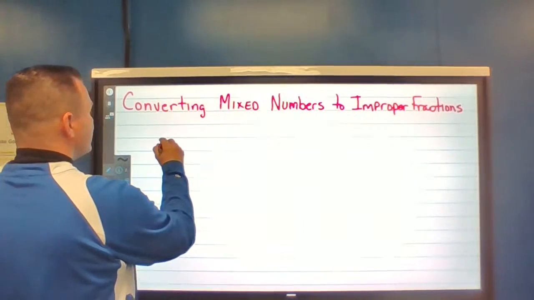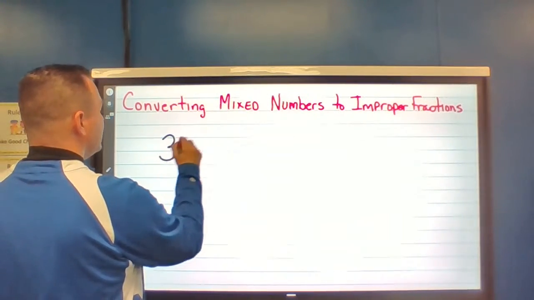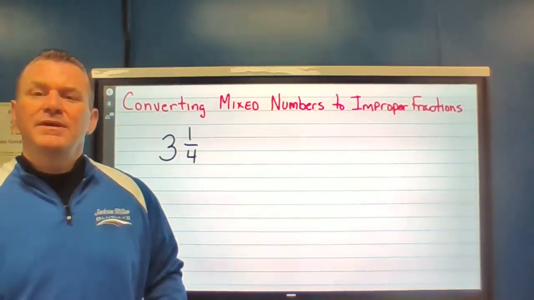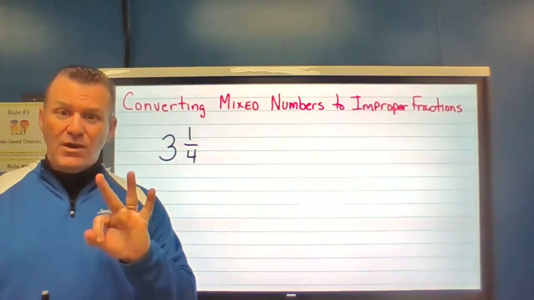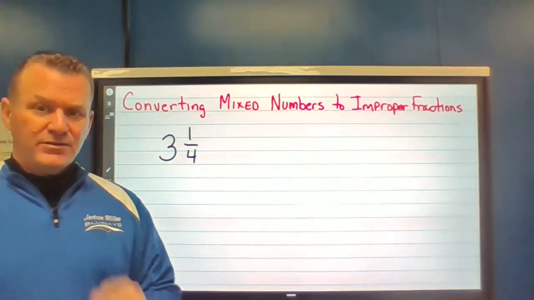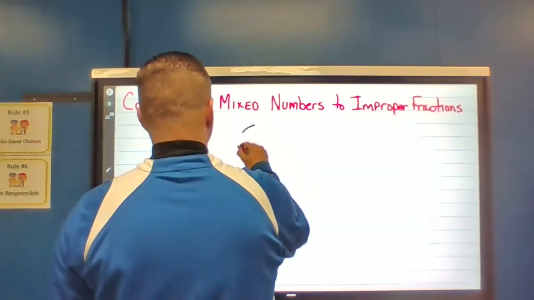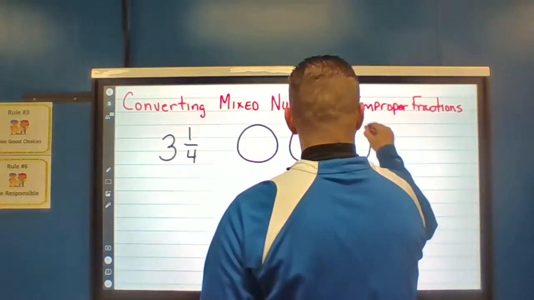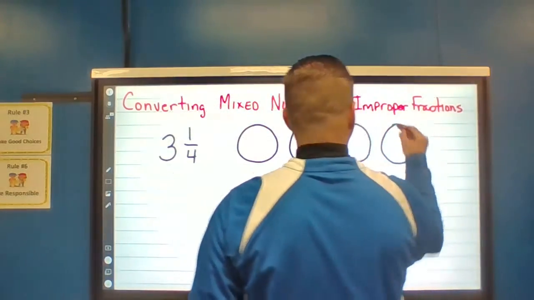For instance, if I used 3 1/4, that's a mixed number. That mixed number has 3 whole and a fraction of 1/4. Here's what it looks like. Okay.